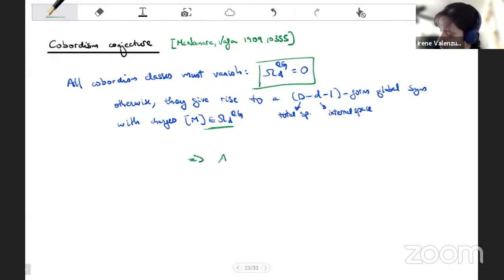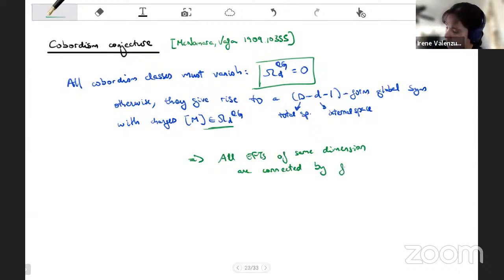So the consequence of this is that all EFTs of the same dimension, here we are always comparing effective field theories of the same dimension, are connected by finite energy domain walls, because everything is the same class, so everything can be connected, and this way I can get rid of all these topological charges and break all the symmetries.